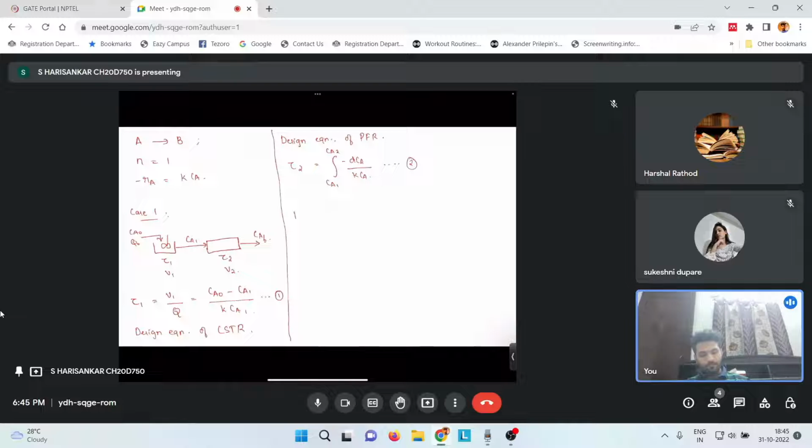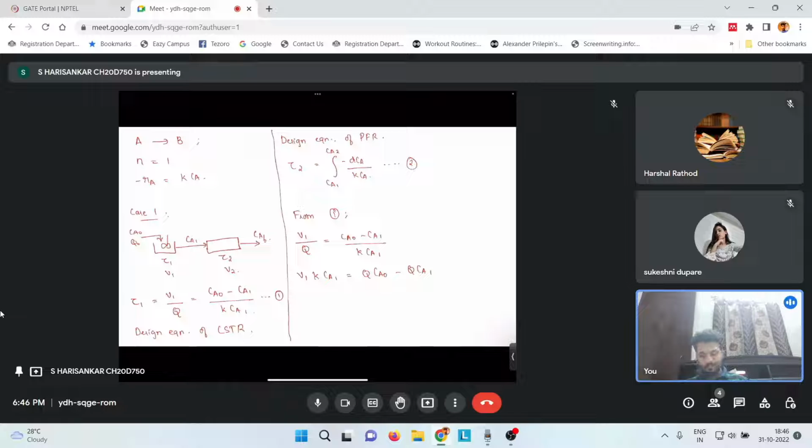Now from equation 1 we have V1 by Q is equal to Ca0 minus Ca1 by K Ca1. We can just rewrite this: V1 K Ca1 will be Q Ca0 minus Q Ca1.